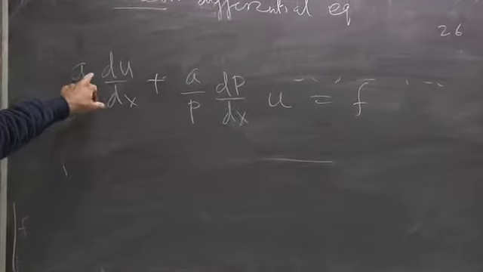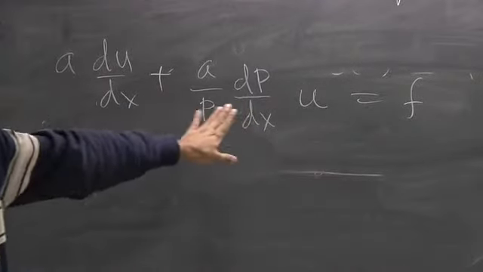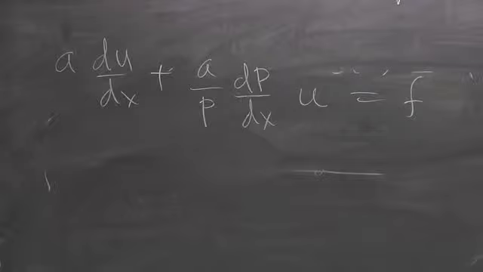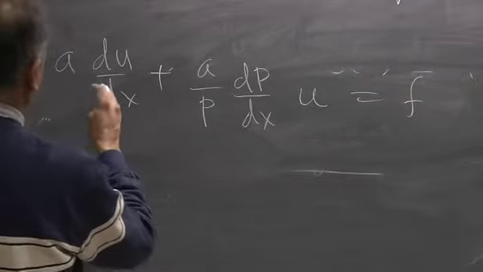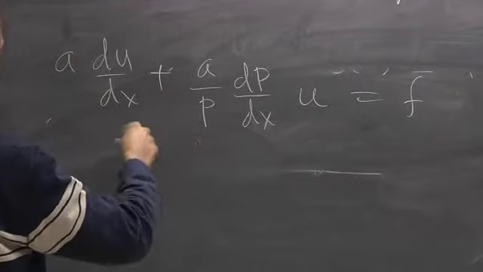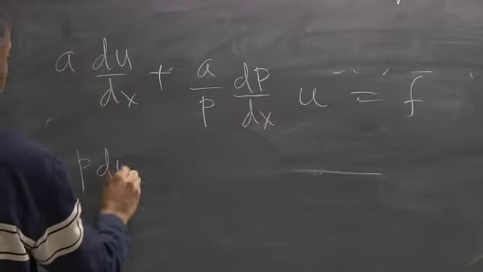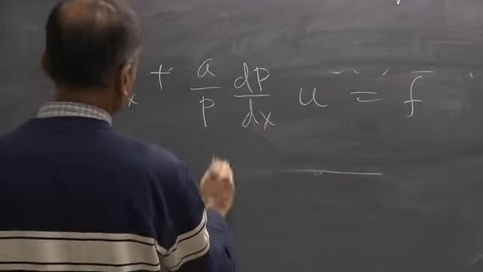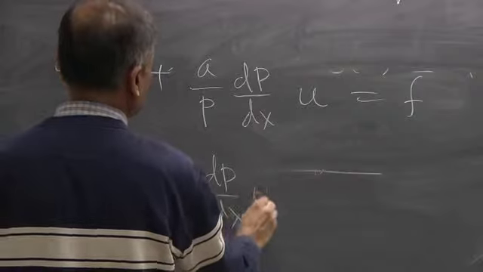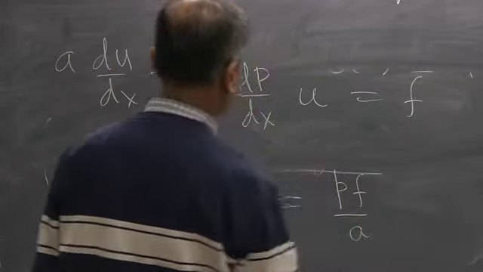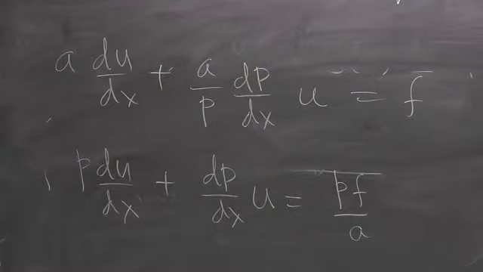These are all functions of x, they are not constants. Now multiply the entire thing by p and divide by a. So you get p du by dx plus dp by dx u is equal to p f over a.